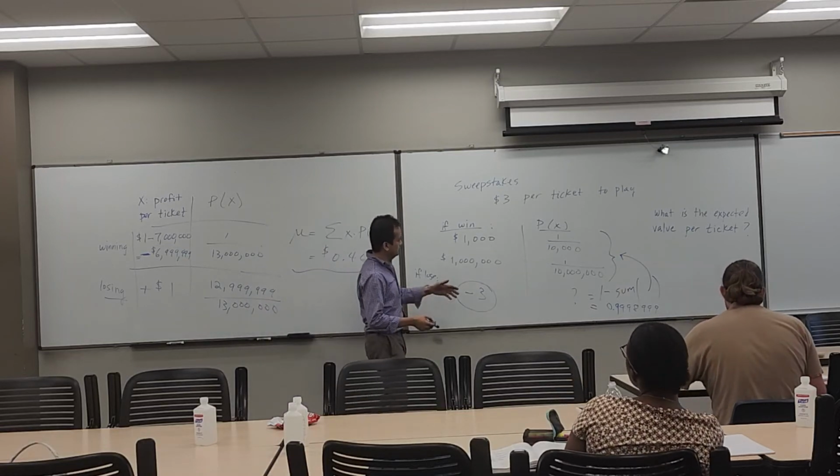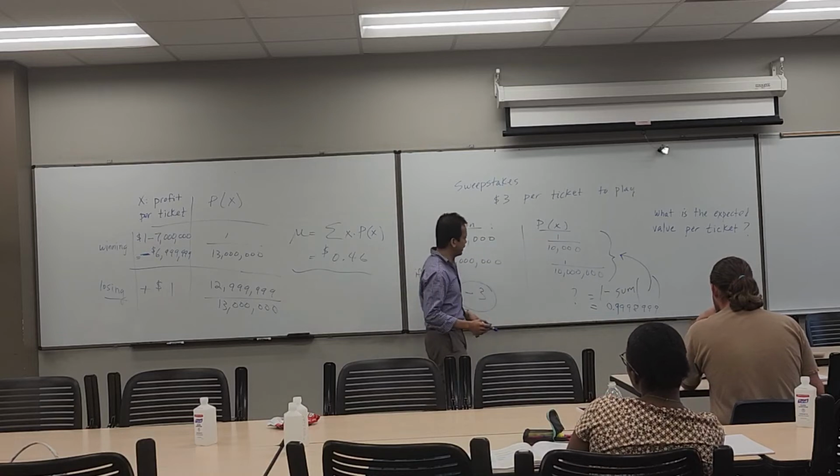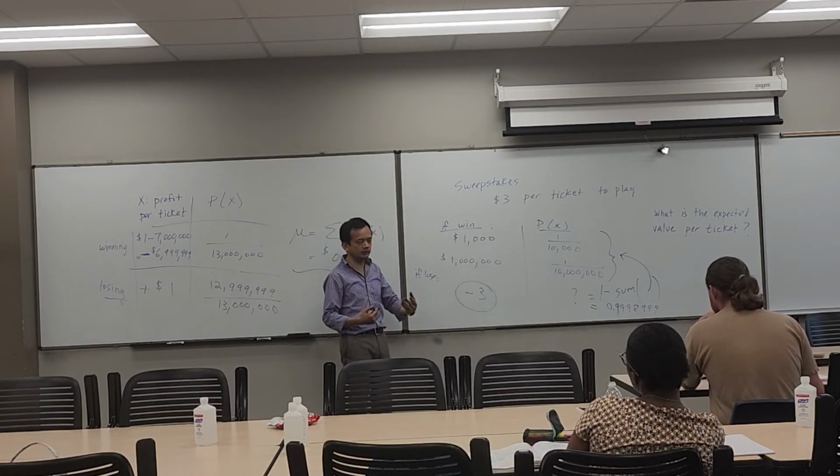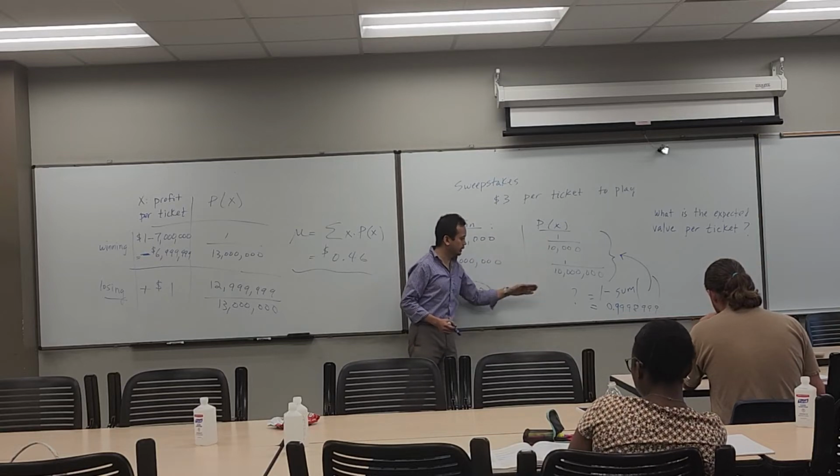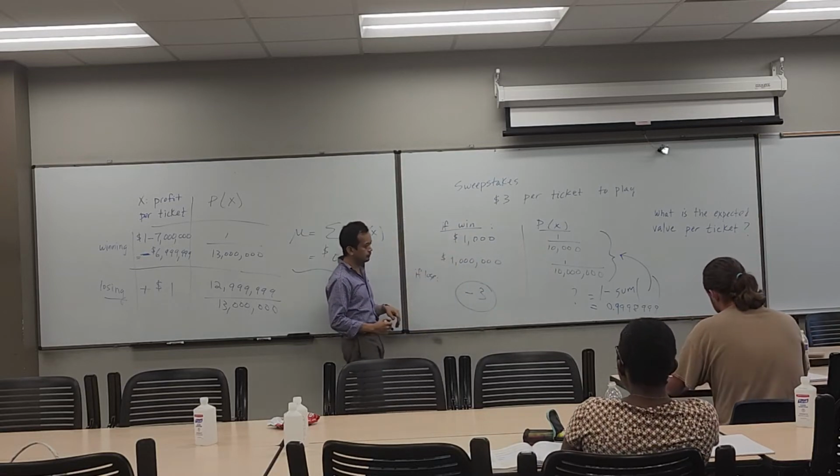Okay, so now we're asked to find the expected value per ticket. So we're gonna do the same thing that we did before. We're gonna multiply each row together and then add those all up.